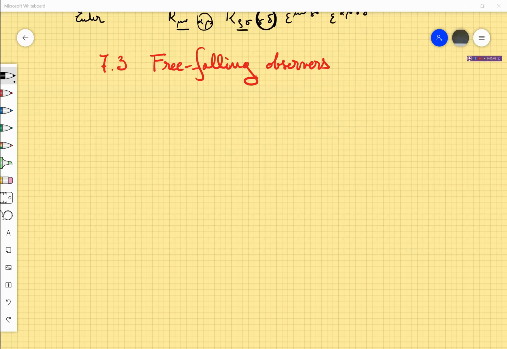When we studied geodesic motion in the Schwarzschild geometry, we studied in particular the case of massive particles in radial motion directed towards r equals 0. We called that at the time a radial plunge. And we computed the proper time that the observer would measure, that it would take him or her to arrive at the surface r equal r_s, where this Schwarzschild singularity is placed.